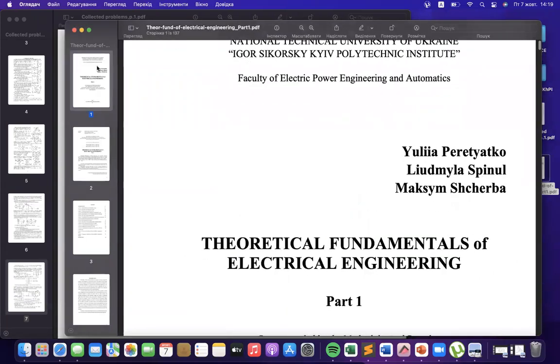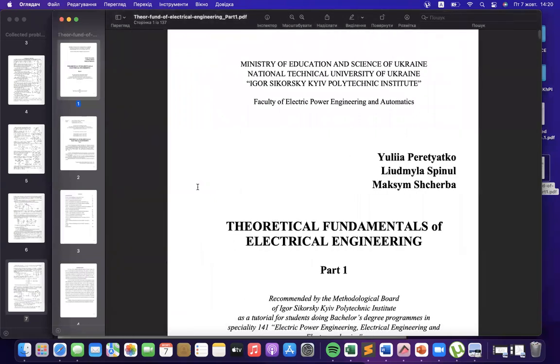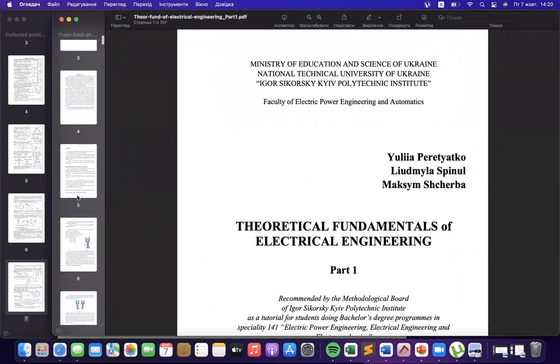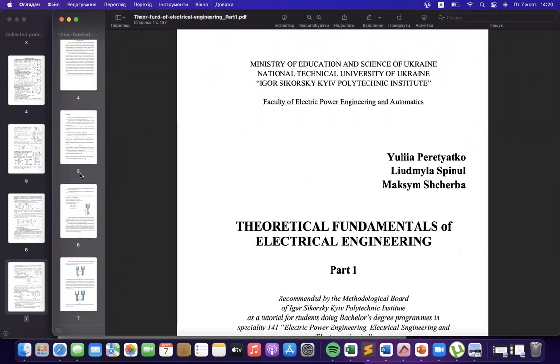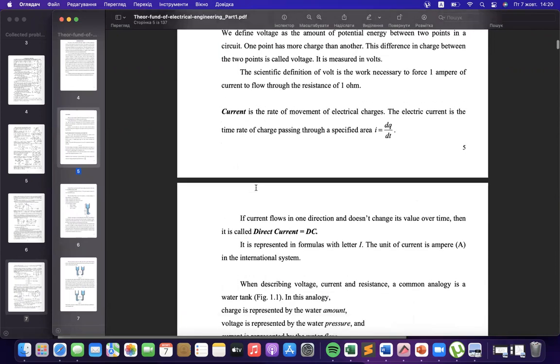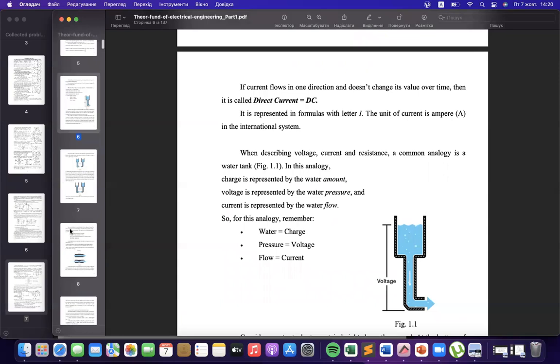Let's continue our work, lecture number 3. What did we discuss previous time? On the first lecture, we were speaking about the basic physical values, what voltage, current, and resistance mean, and what source and consumer mean.